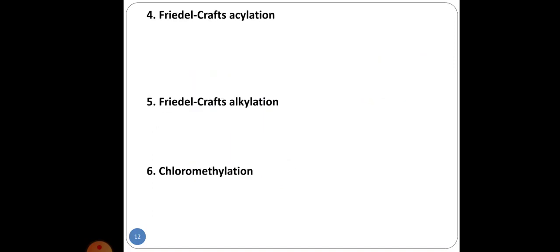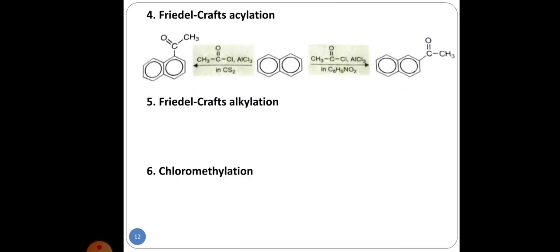Fourth reaction, Friedel-Crafts acylation. Here the acyl group is substituted onto the naphthalene. Here is the reaction. Naphthalene undergoes acylation with acetyl chloride and aluminium chloride in carbon disulfide to give 1-acetyl naphthalene.